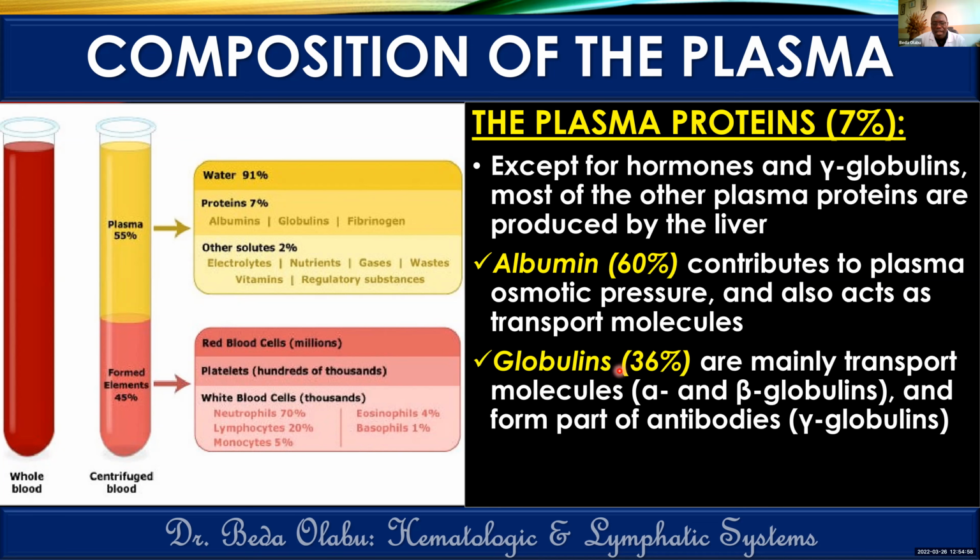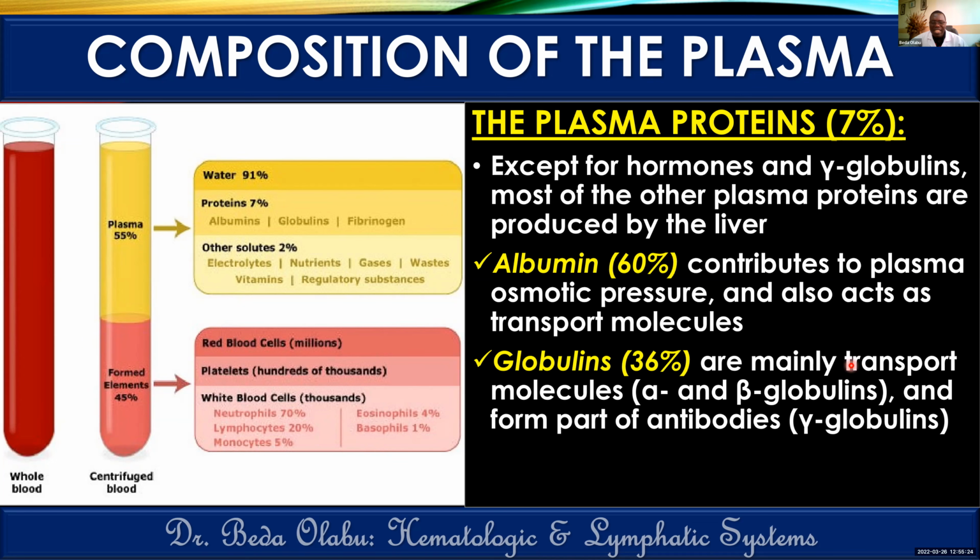Globulins are the other type. The second most abundant plasma protein is globulin. Globulins are of three varieties. We have the alpha and the beta globulins. These two types of globulins help to transport various substances within the bloodstream.